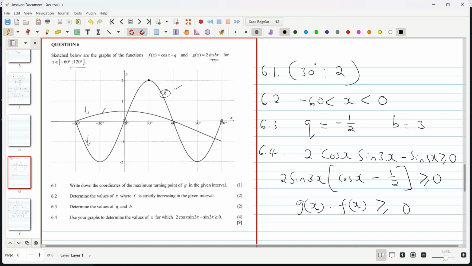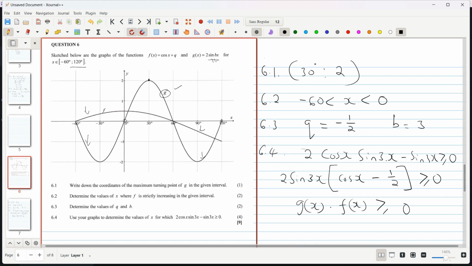Remember, we want greater or equal to 0. But when we start here at 0, we can see this one becomes 0, and this one becomes positive half. So they are all positive from 0 to 60. And from 60 to 120, they are all negative. We know that negative times negative is positive.